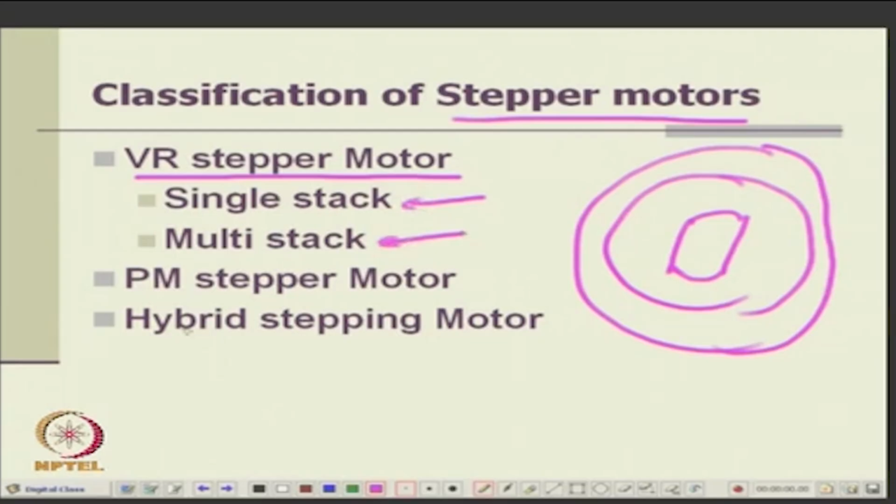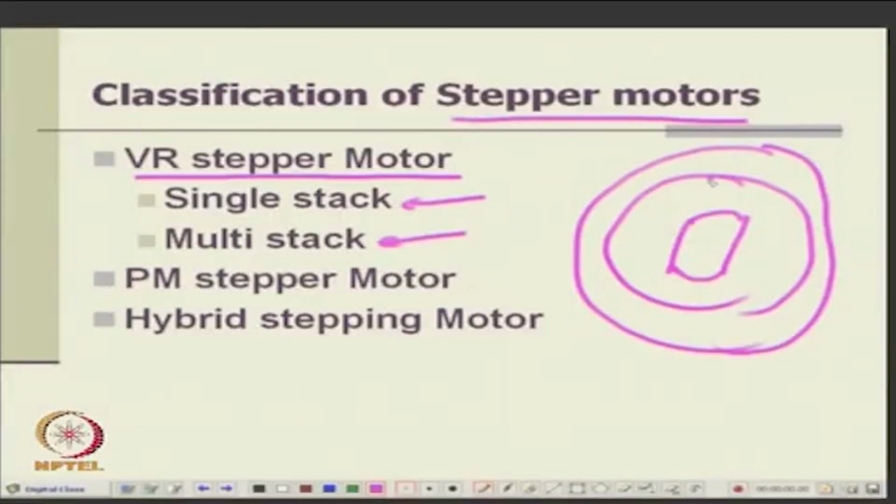Single stack is in the shaft axis, you can have 1 stack, 2 stack, 3 stack, right. Whatever is there, these are all creating north pole, south pole, different poles. Now, by switching different coils, the rotor is going to move, is it not?